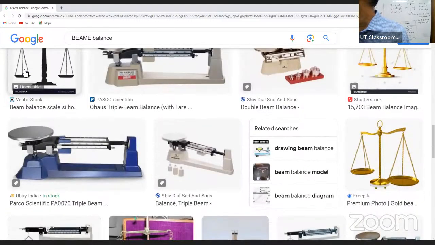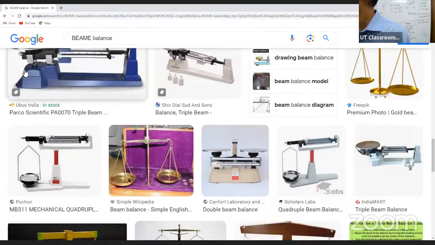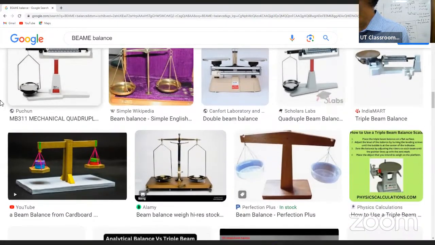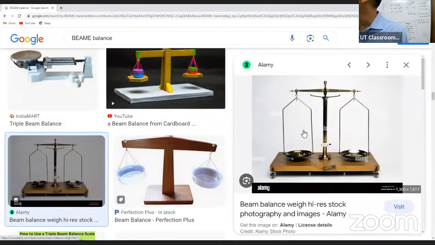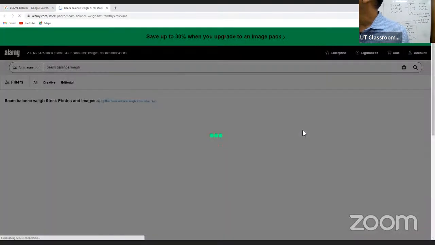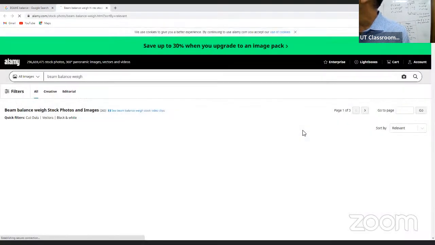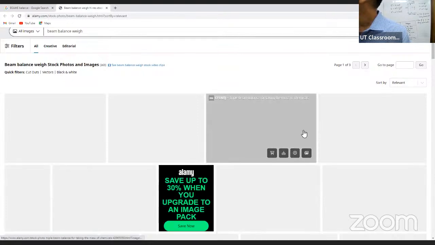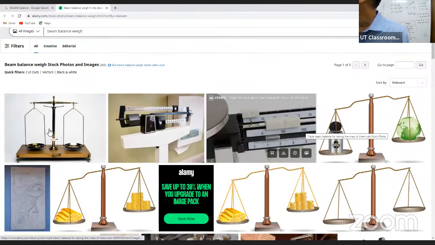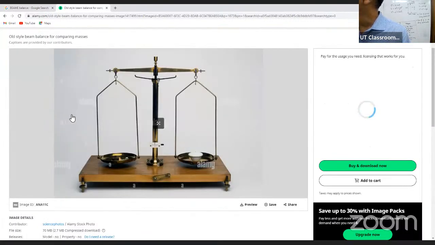Chemistry, actually. They provide us space and we have the spring balance. Have they shown you anything like this? No. Have you seen it?